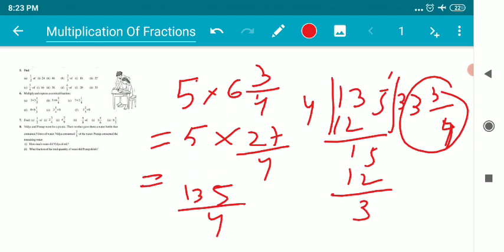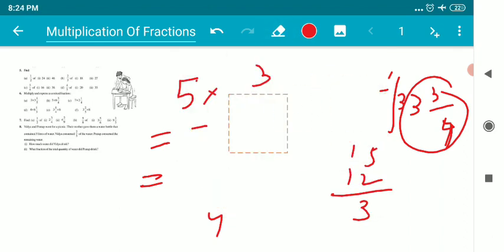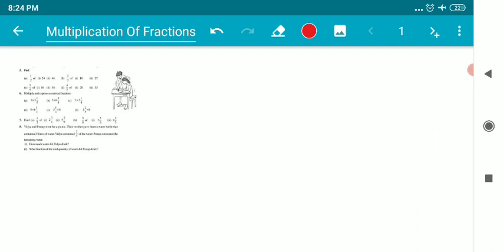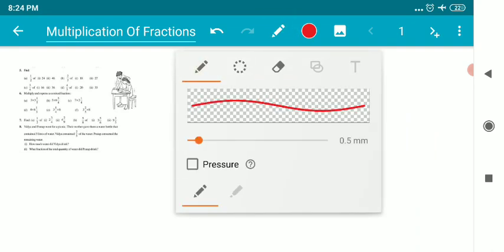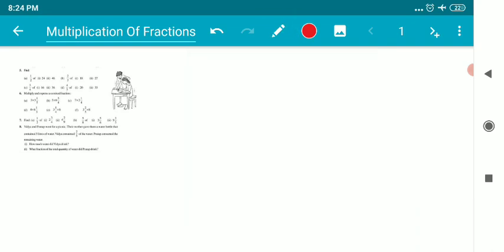So question number 7 is to be done exactly in the same process. That is half of 2 3 by 4. Let me clean my screen first. So half of 2 3 by 4 means half into 2 3 by 4.